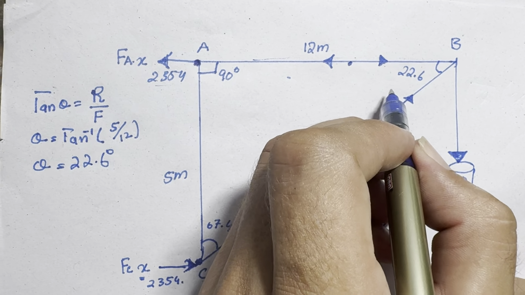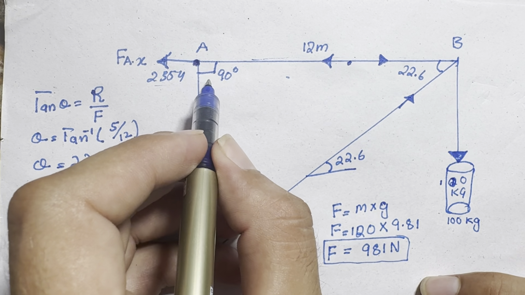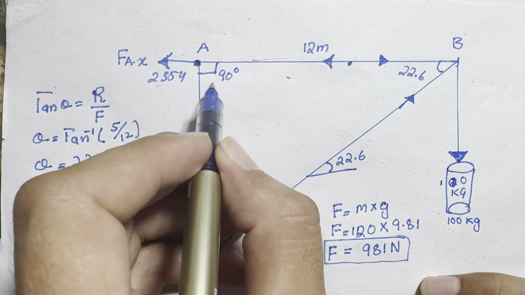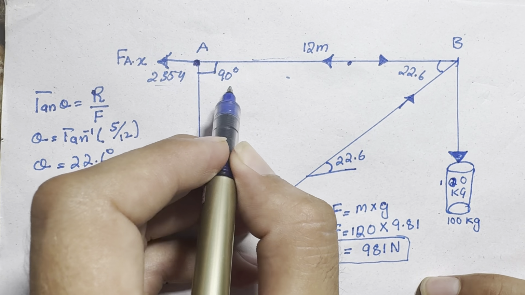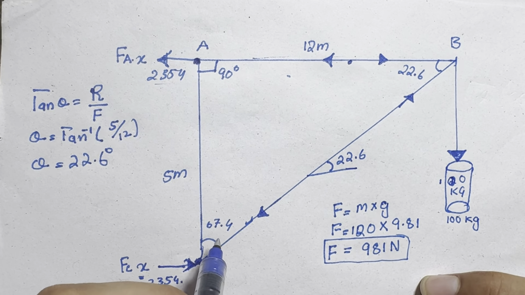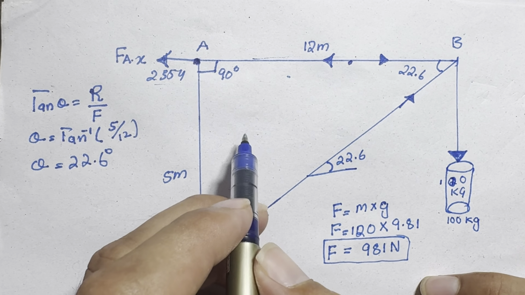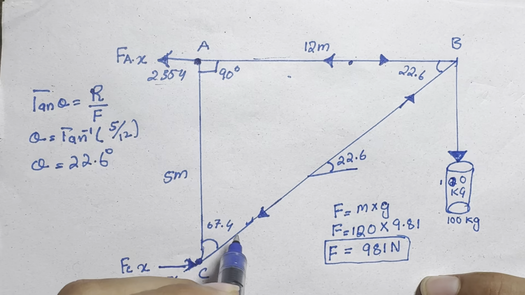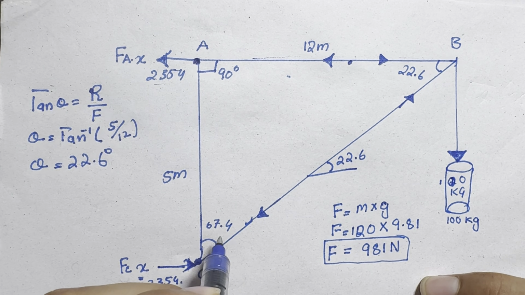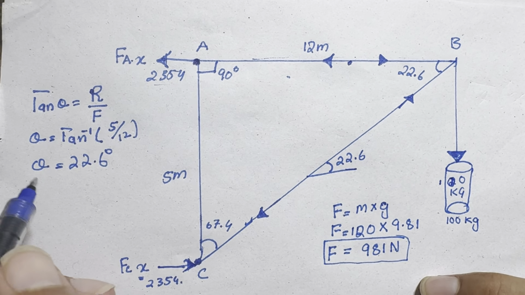This is 22.6 degree and this is completely perpendicular, so it will become 90 degree. In a triangle there are 180 degree, so 22.6 plus 90 degree, subtracted from 180 degree, so I will find this angle.